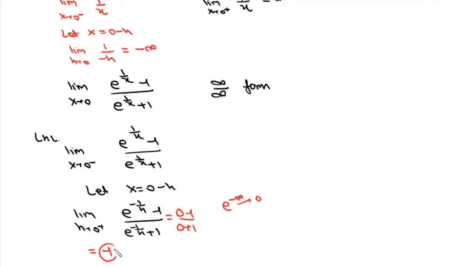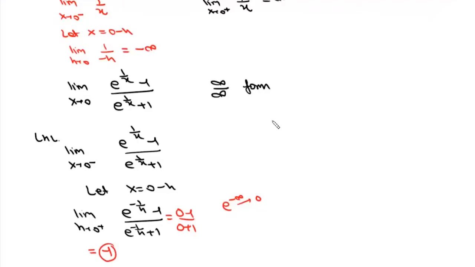So we can write this as limit h tends to 0 positive e to the power minus 1 by h minus 1 upon e to the power minus 1 by h plus 1. Now we'll use direct substitution. Now this is e to the power minus infinite, and we know that e to the power minus infinite approaches 0. So this value is 0 minus 1 upon 0 plus 1, which is simply minus 1. So in this case, left hand limit is minus 1.